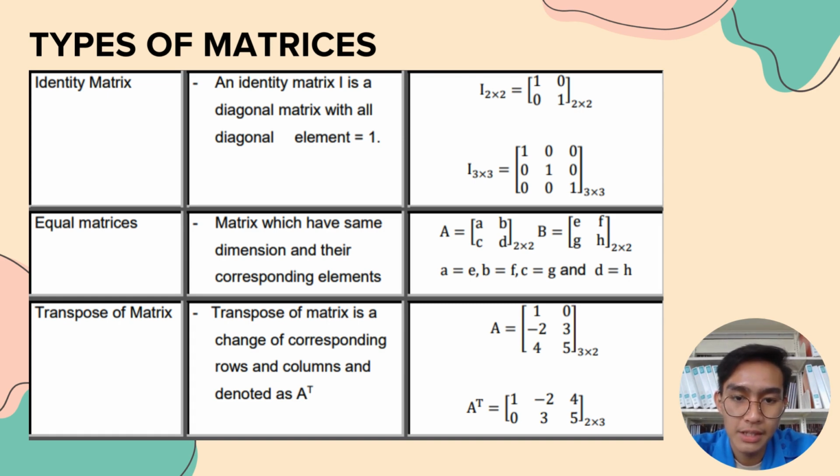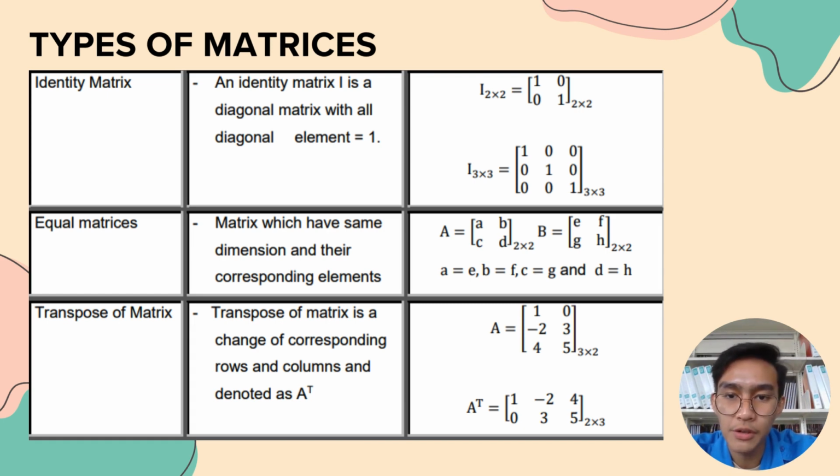Hence, row 1 column 1 for matrix A is equal to row 1 column 1 for matrix B. Like in this diagram, A is equal to E and B is equal to F and C is equal to G and D is equal to H.